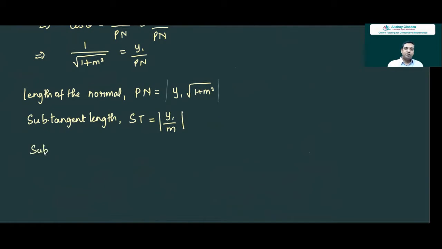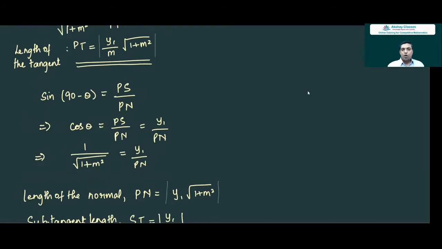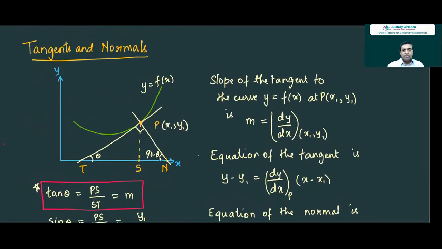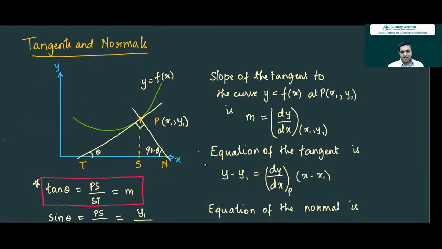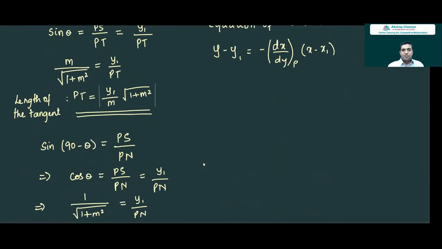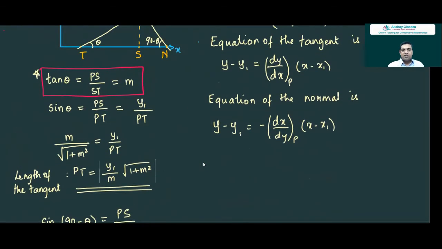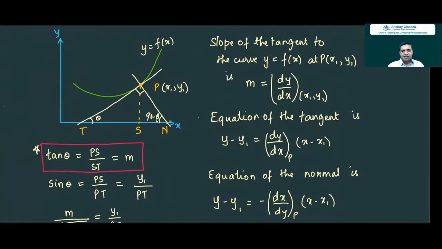And the subnormal SN, we take cot. Now tan of 90 minus theta is PS upon SN. So cot theta is PS upon SN.